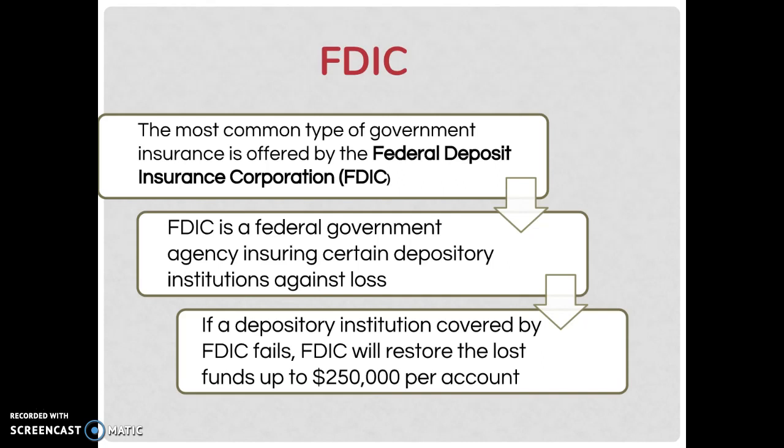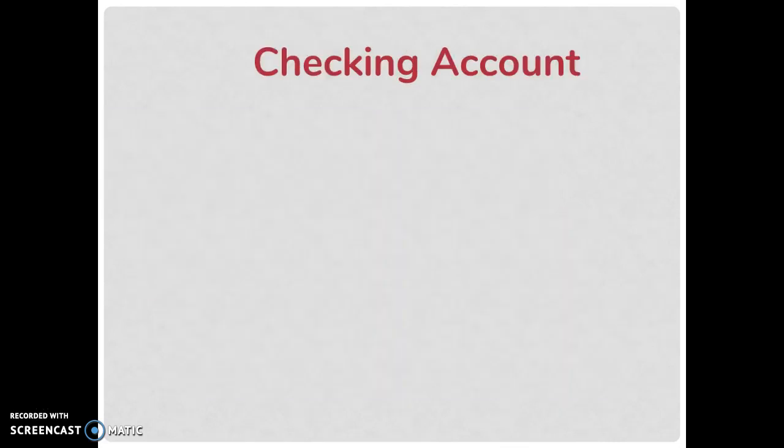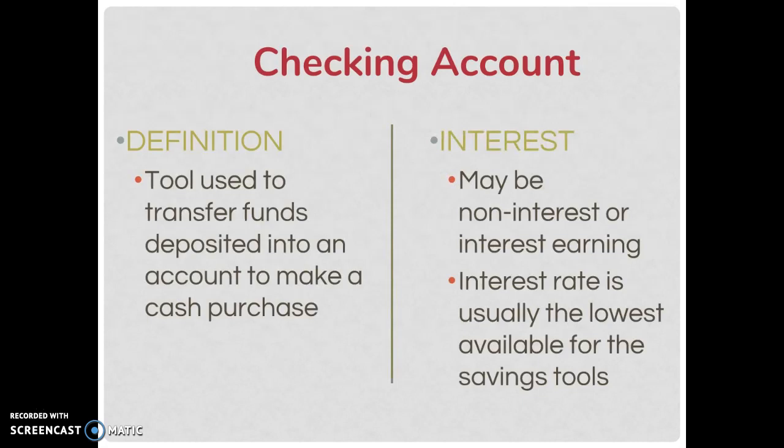So if anybody has more than $250,000 in a savings account, which I'll assume most of us don't, you will be insured. If your money gets stolen, lost, or something happens, you will get your money back. That's why savings tools are so safe. They're very low risk, as opposed to if you invest your money in a stock that goes bad, there's nothing saving you. There's nothing saying we insured your money for you. So savings tools are going to be very, very safe.